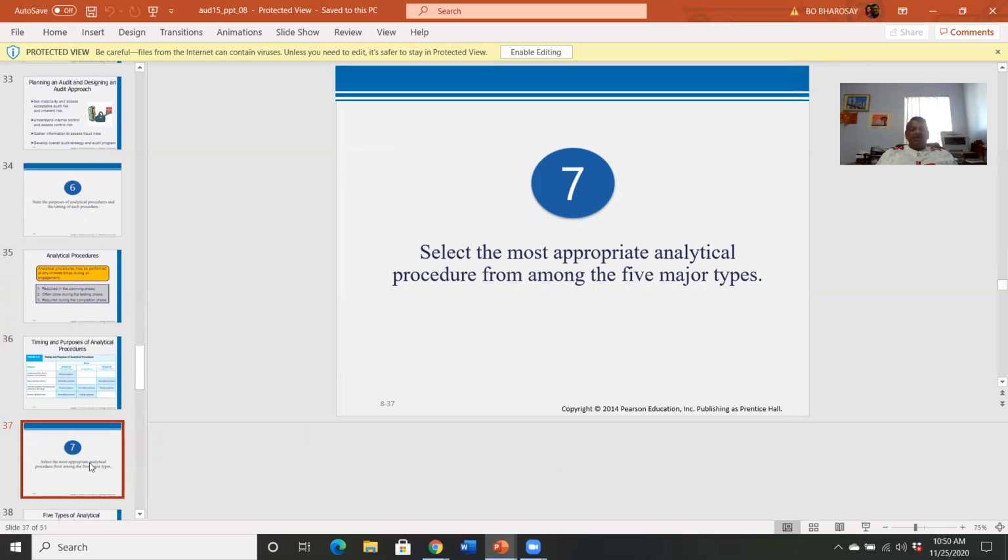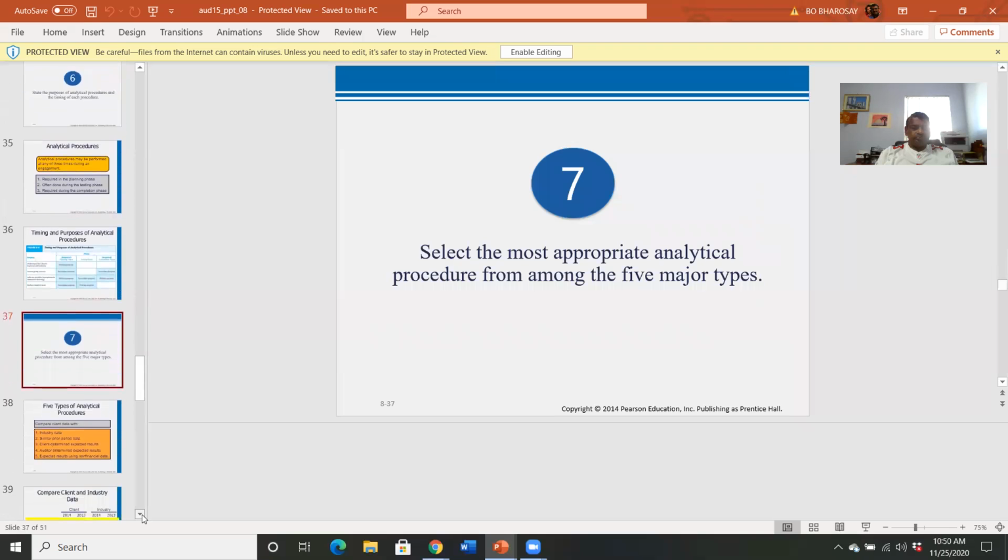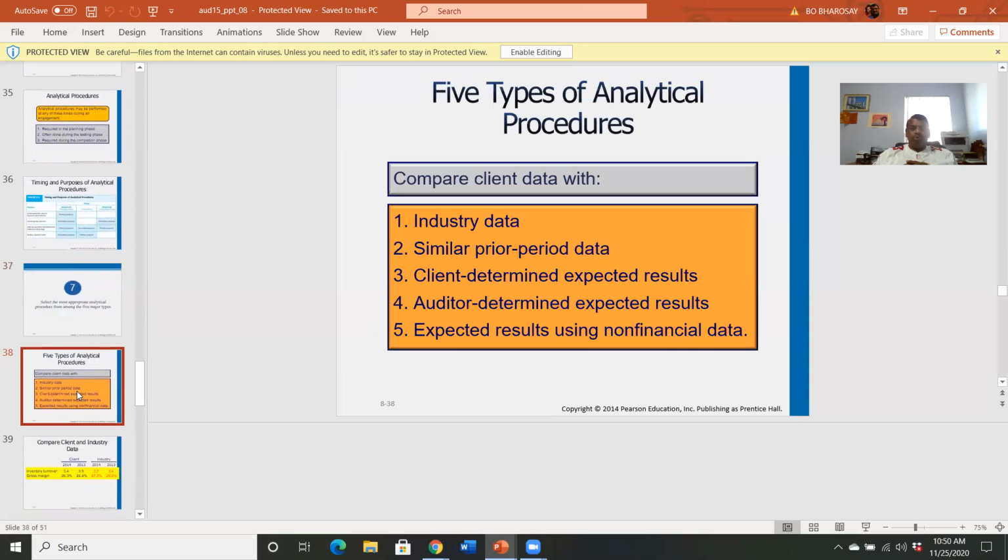Topic 7, select the most appropriate analytical procedure from among the 5 major types. The auditor will select the most appropriate procedure. 1, we compare the client data with the industry data.